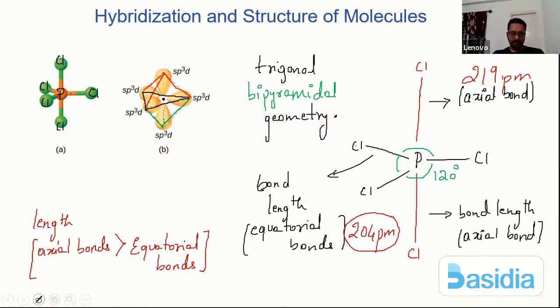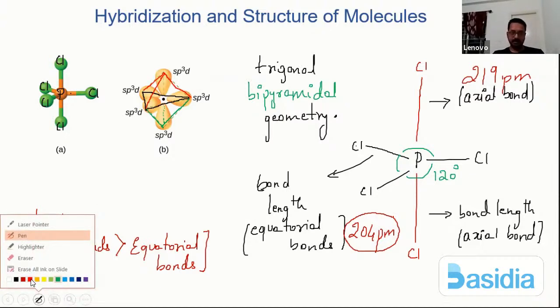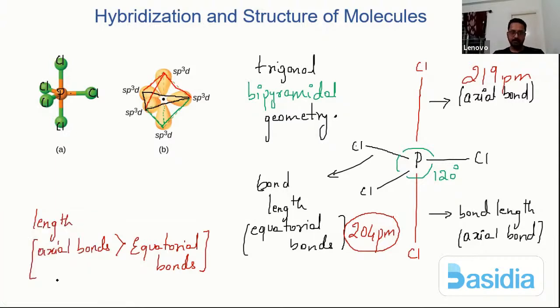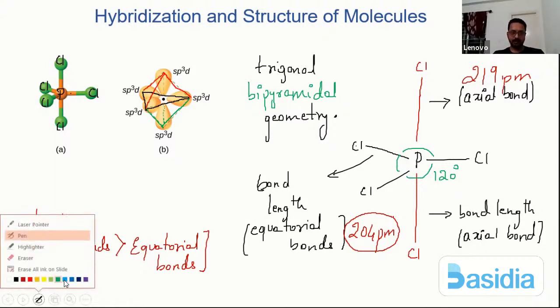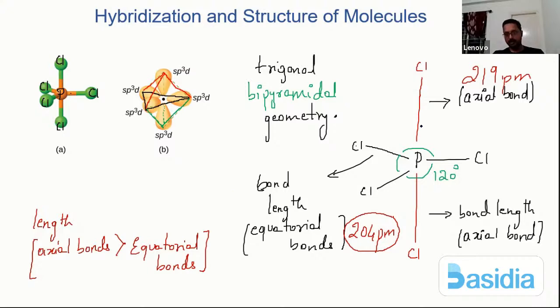But when you take the other bond angle, so let me write it. When you take the other bond angle, so let me mention the bond angle which is present over here. Okay, so when you take this bond angle, or with respect to here, or from the bottom side, the bond angle is how much? The bond angle is 90 degree.